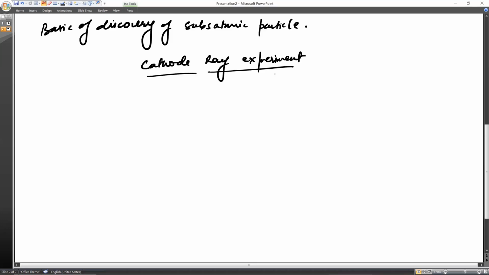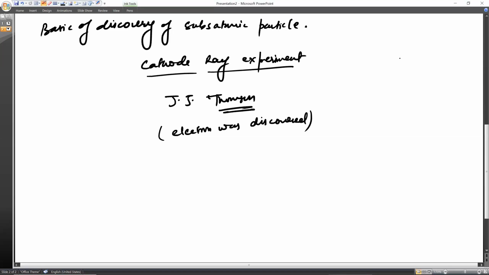This was done by J. Thomson, in the discovery of the electron. The experiment was done by J. Thomson, and what was discovered? Tell me. Electron was discovered.